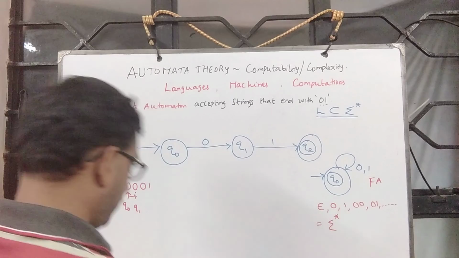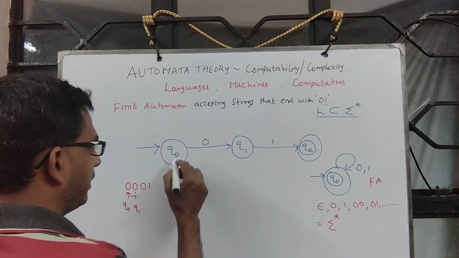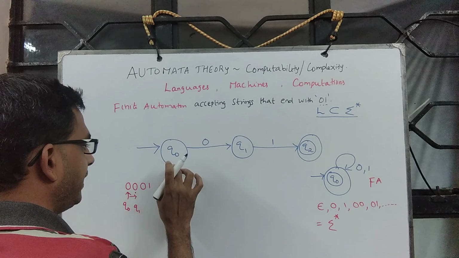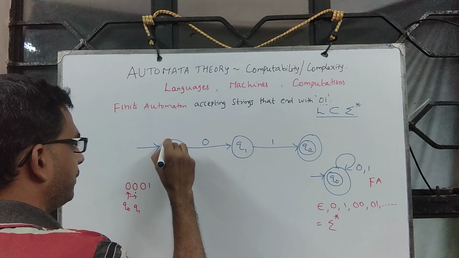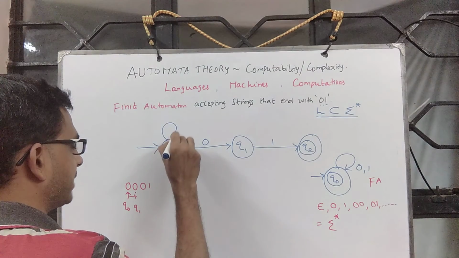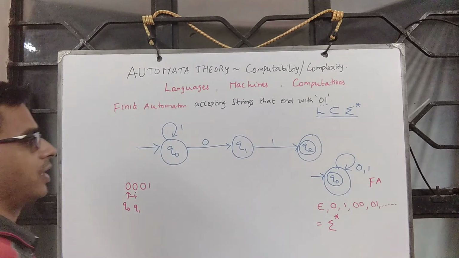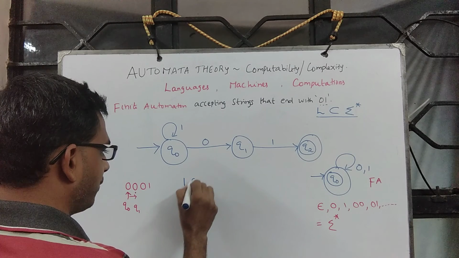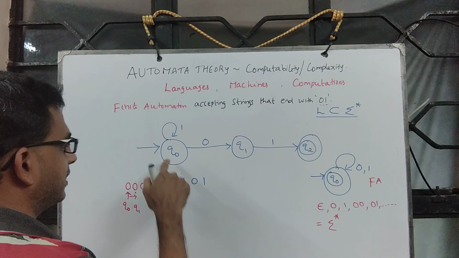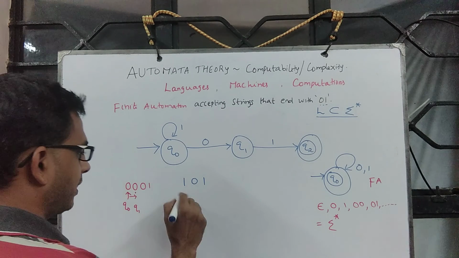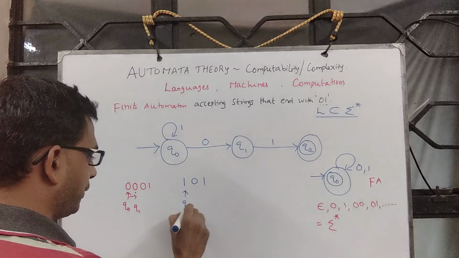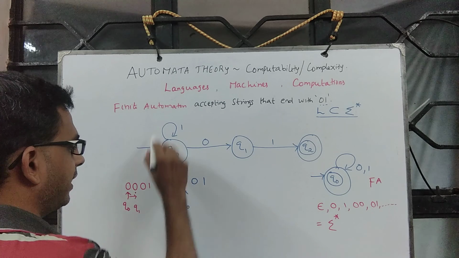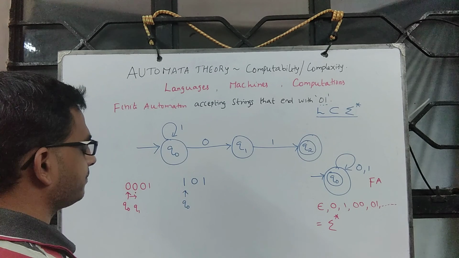Now what will we do? On reading the 0, we go to Q1. When I read 1, what do I do? I stay in the same state. Now you check. Suppose the input is say 101. What does the machine do? It starts here at Q0. On reading 1, you stay in the same state.